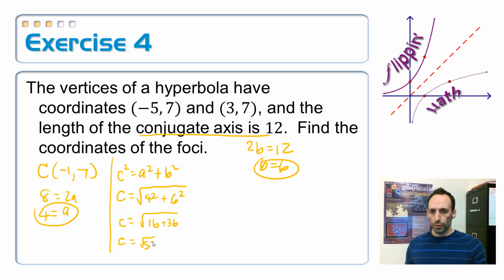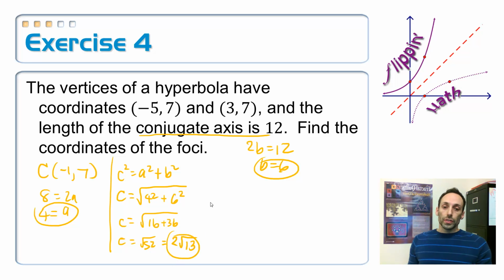c equals the square root of 52, and I think 4 goes into that 13 times. So 2 square root of 13. So there's the value of c. All right, what kind of transverse axis was this? See, the x's are changing, but the y's are staying the same, so this must be horizontal.